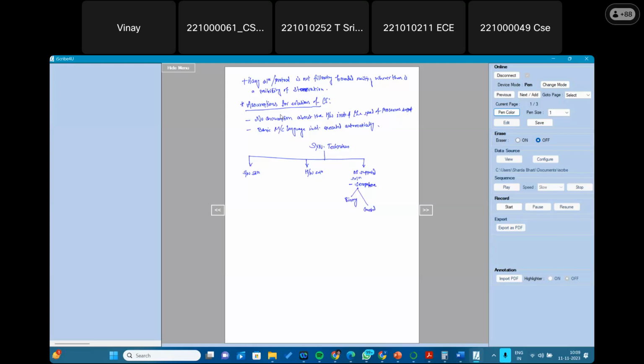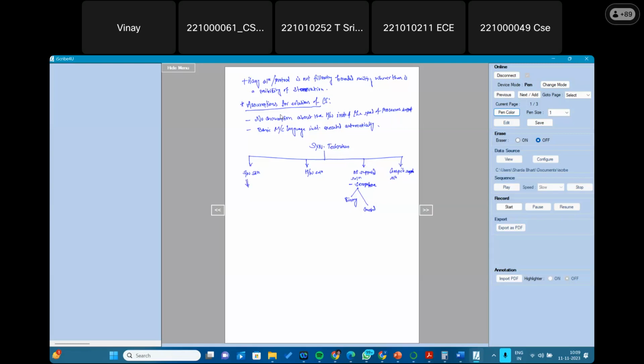Then the last one is the compiler supported solution. Okay. So what is a software solution?